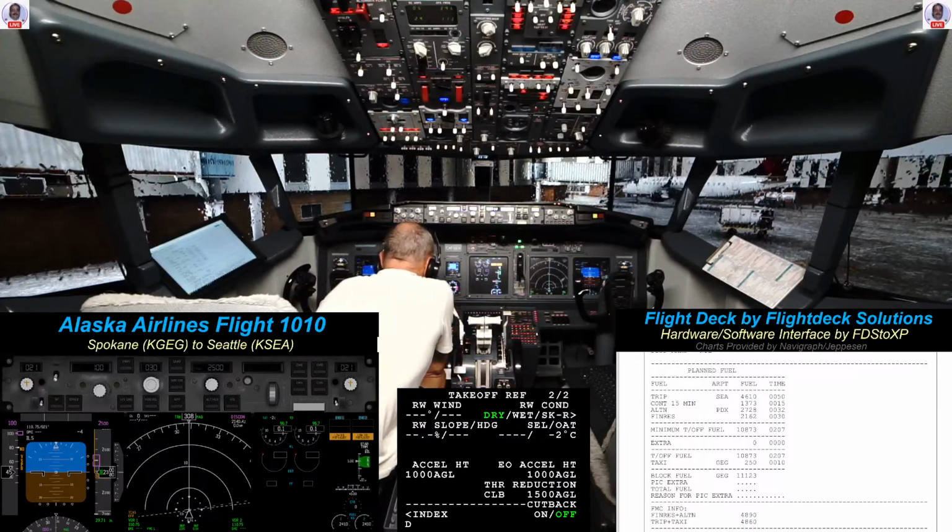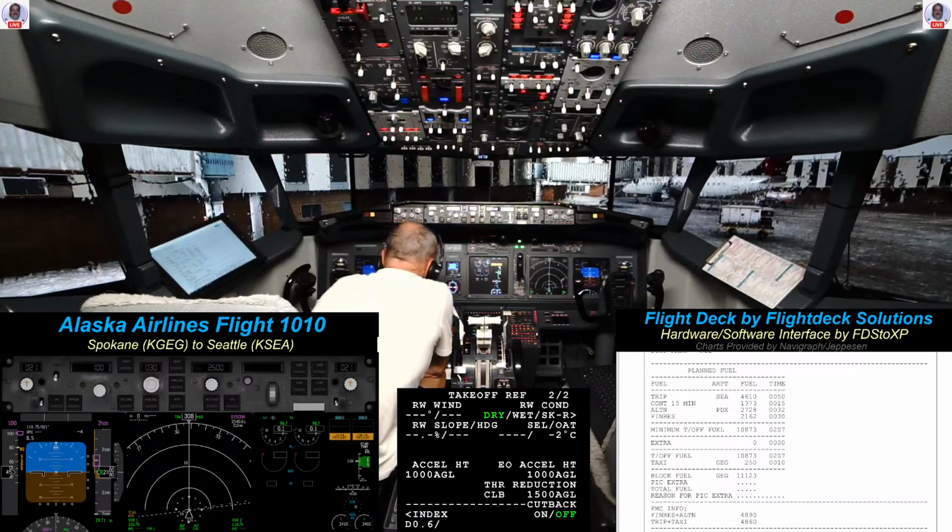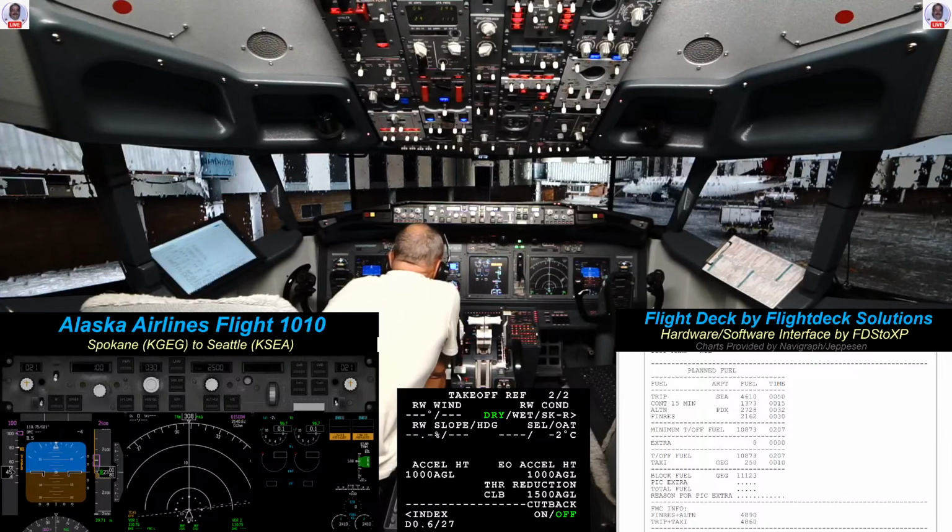D 0.6, right? And in degrees. You want 27? You want a double zero in there? I don't know.